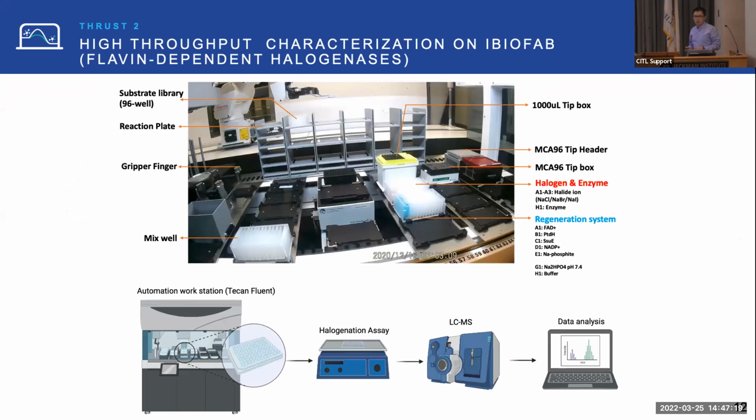When we get the purified enzyme, the next step is to perform the reactions. If we really want high throughput, I think automation is a good solution. So here we set up a high throughput characterization on the automated platform, mainly focused on the flavin-dependent halogenases.